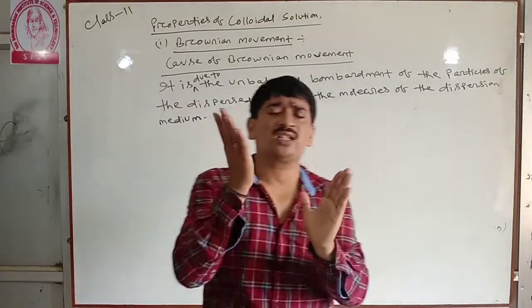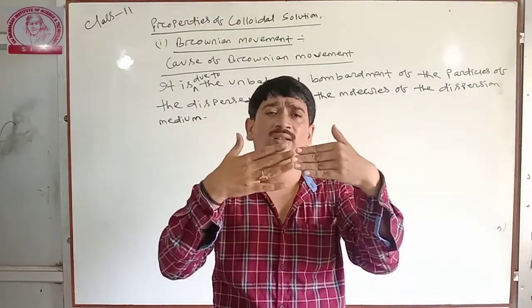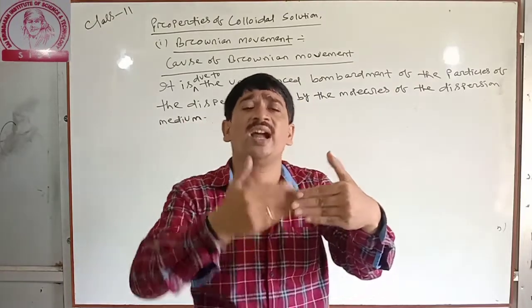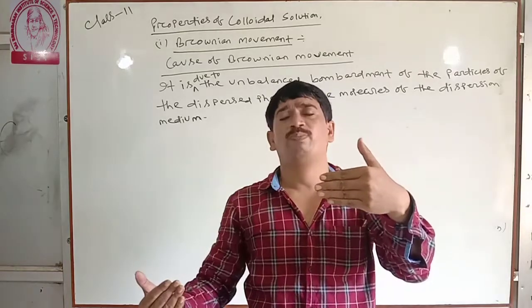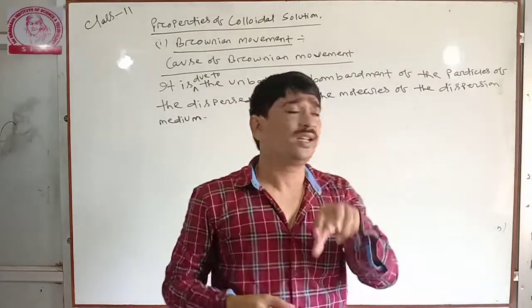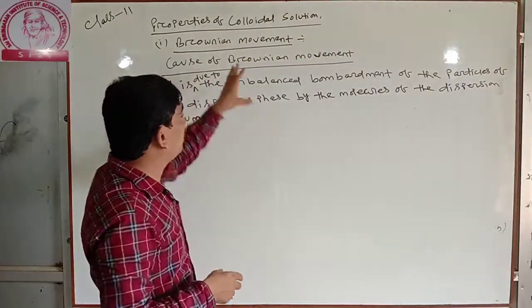Simple. There is bombardment or collision of the particles of the dispersed phase and the molecules of the dispersion medium. Due to this, Brownian movement occurs. What is the cause of Brownian movement?